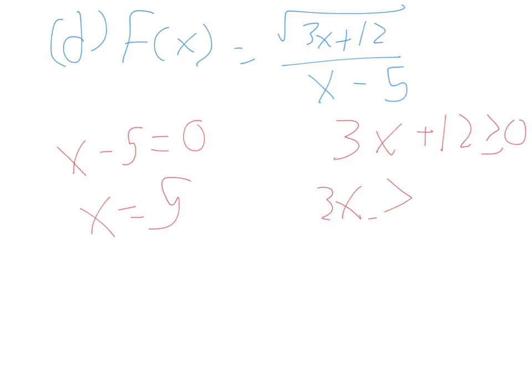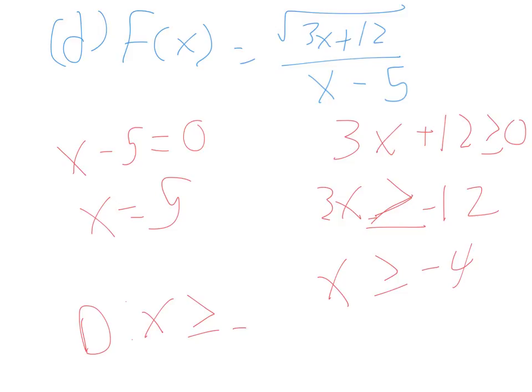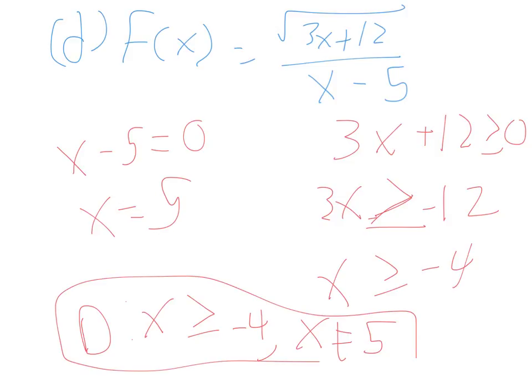So if you take 3x plus 12 and set it greater than or equal to 0, then solve, you have 3x is greater than or equal to negative 12, which means x must be greater than or equal to negative 4. So the domain would be all x values greater than or equal to negative 4, except that x cannot equal 5. Because if we plugged in 5, that would make the denominator equal to 0.